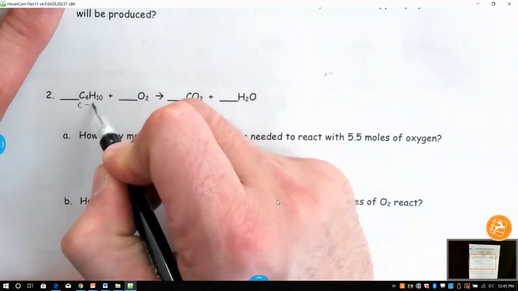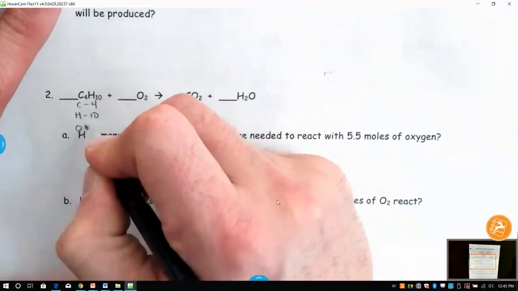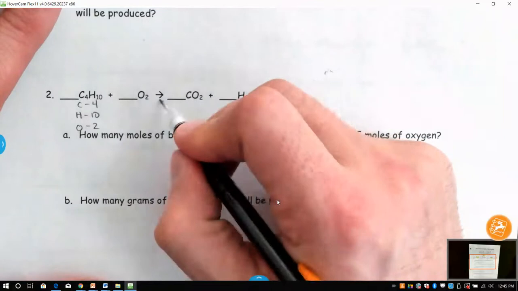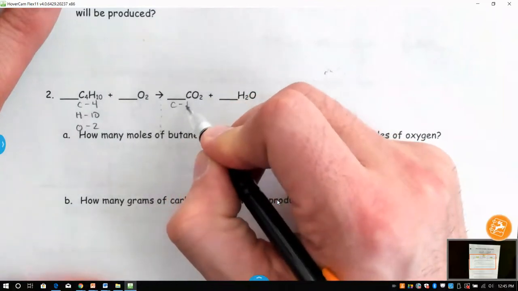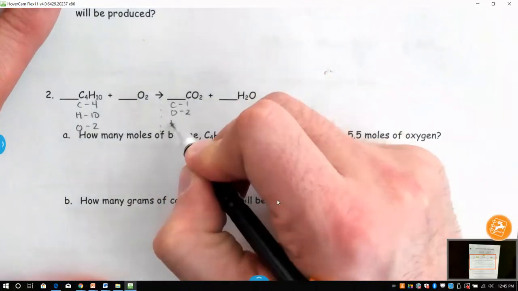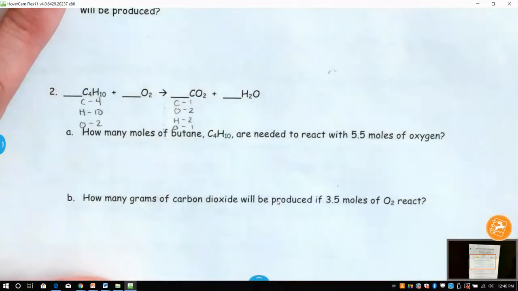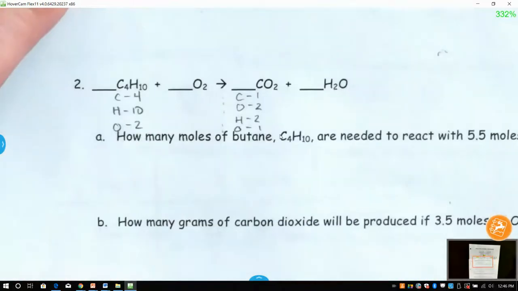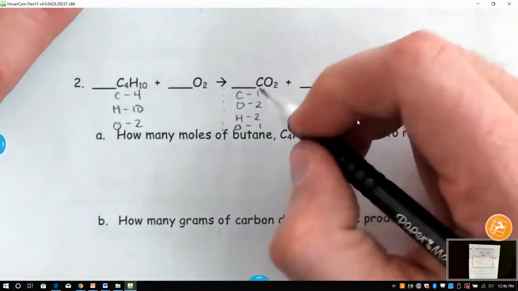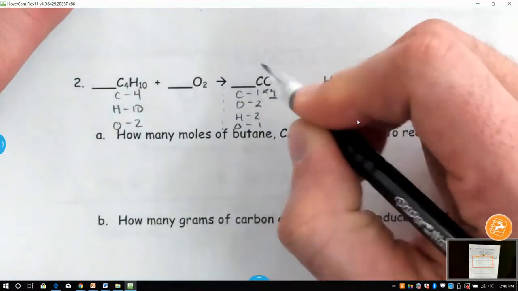So we have a C, there are 4 of them. We have an H, there are 10. We have an O, there are 2. Over here on this side, 1 carbon, 2 oxygen, 2 hydrogen, and 1 oxygen. If I balance the carbons first, to get a 4, I need to multiply this by 4.